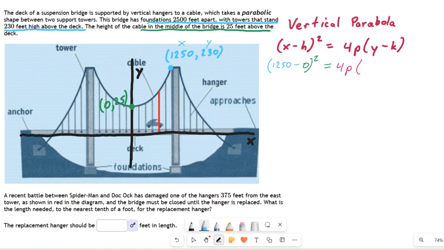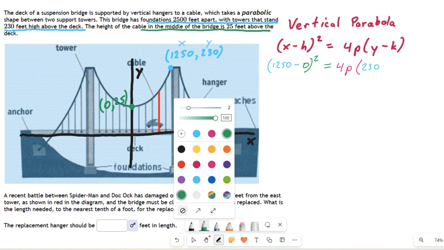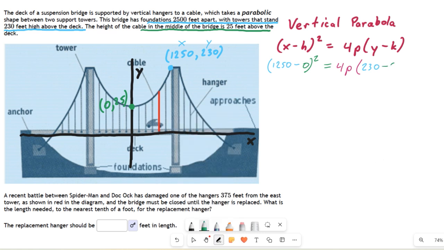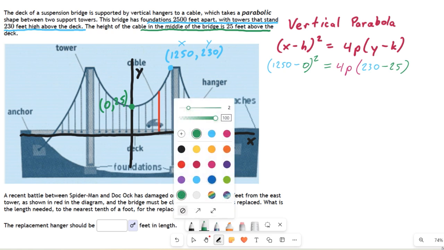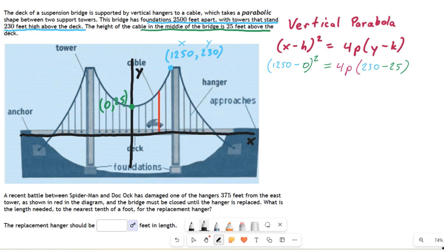But I know the y value at the high point is 230, and the k value, the vertex value, is 25. So if I calculate what 4p is based on these numbers, it's going to go something along these lines. It's going to be 1,250 squared divided by, well, it looks like 205.